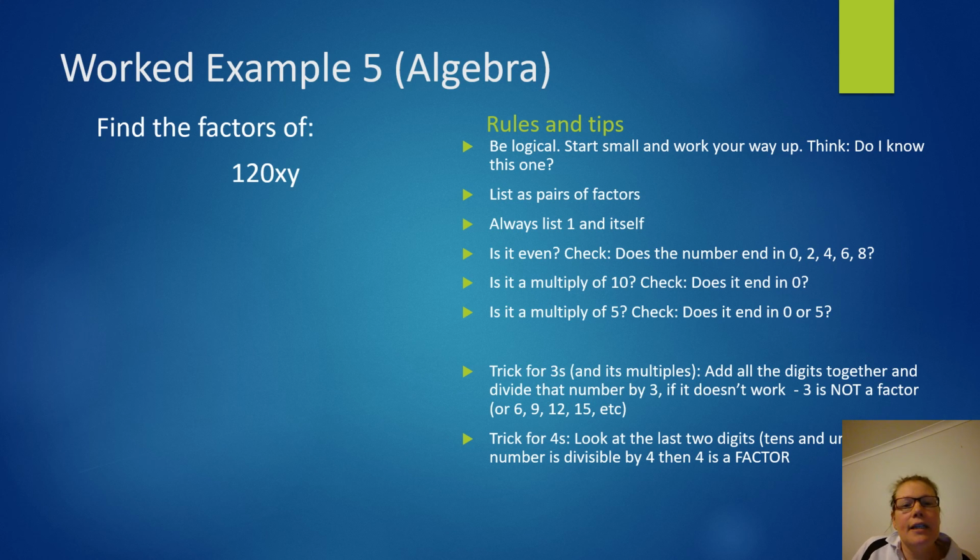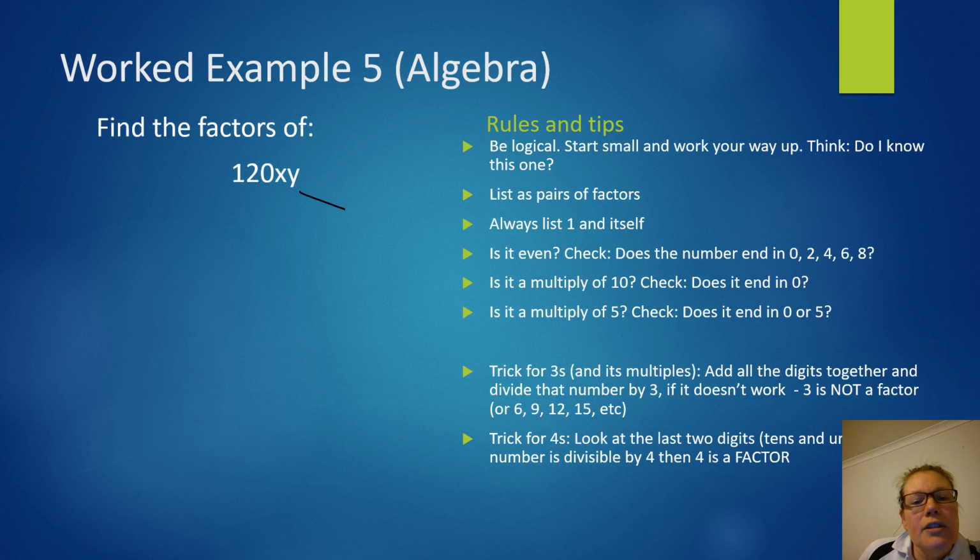Now, I've chucked this one in just as a last step because quite often once you finish your primary school in year 7, factors aren't really talked about unless you're talking about them in algebra. And what we need to think about here is that this is essentially two things.